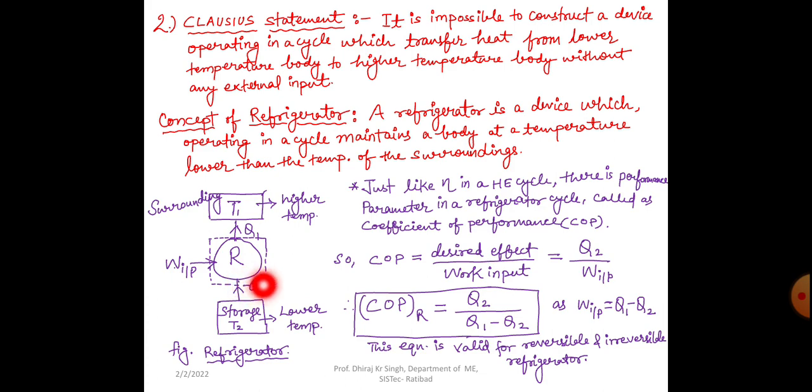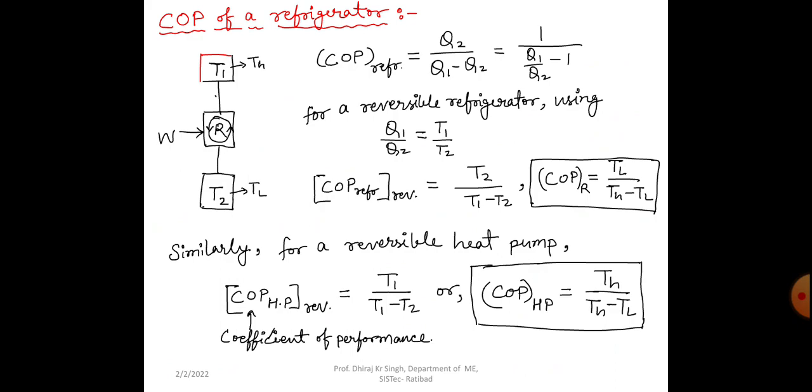So the refrigeration effect in a refrigerator is Q2, and from the point of view of the heat pump we have to consider Q1 heat. So COP of a reversible heat pump is T higher divided by (T higher minus T lower), that is T1 divided by (T1 minus T2).